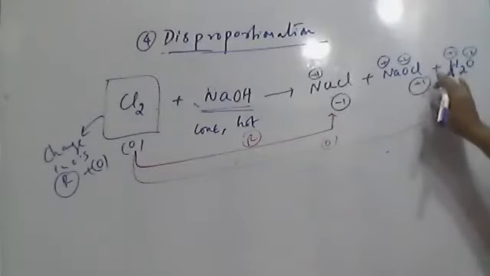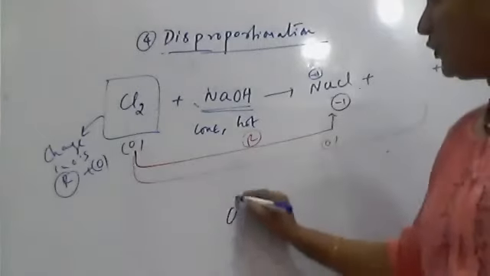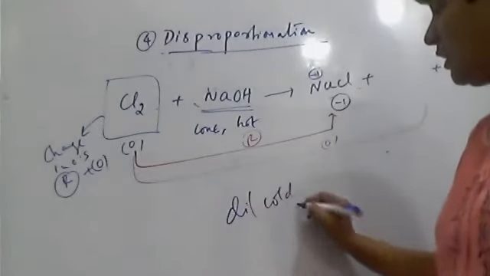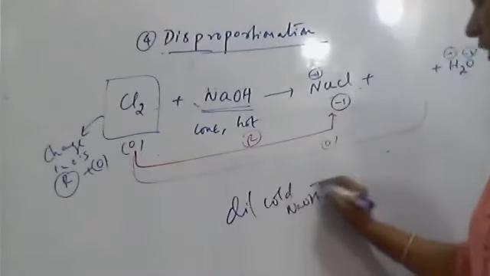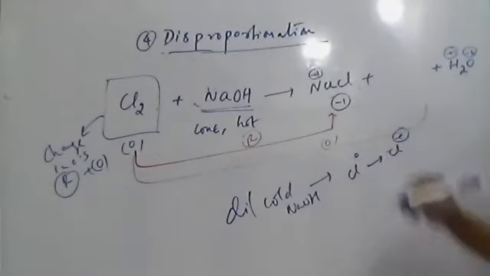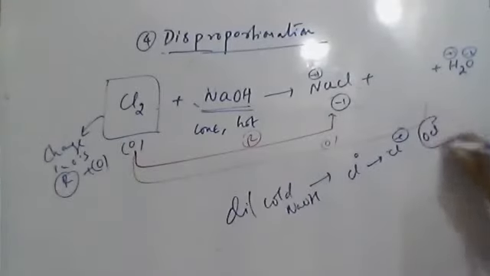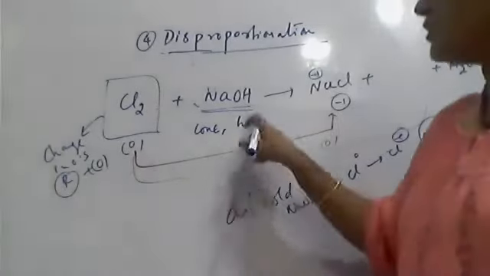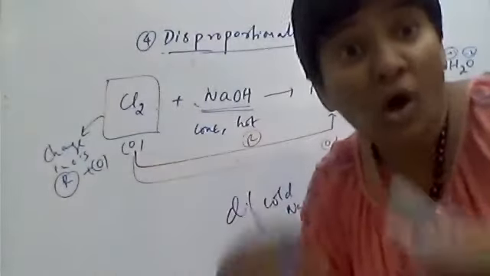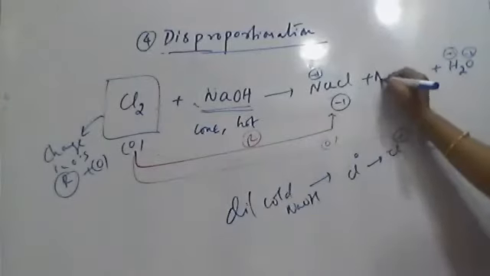Now the product obtained in case of dilute cold NaOH, the chlorine changed from 0 to plus 1, where it is hypochlorite, OCl minus. But in hot and concentrated, it undergoes a lot of oxidation.